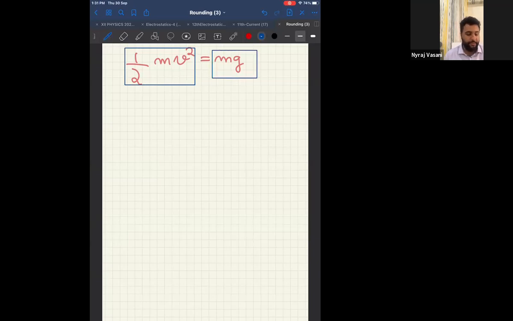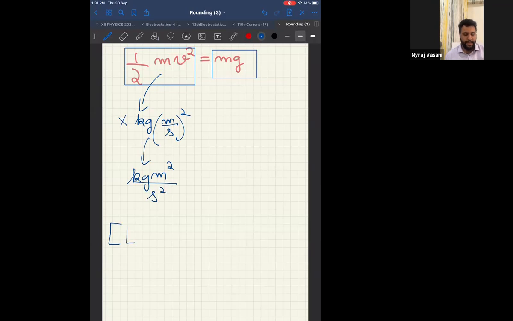Now half mv square, half has no unit, mass is kg, and v square, velocity square, is meter per second the whole square. Therefore, can I write as kg meter square per second square? And this will be L2 M1 T minus 2.